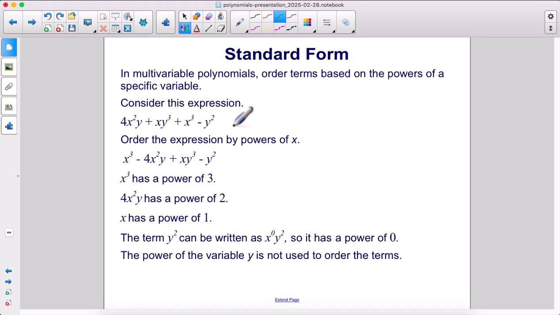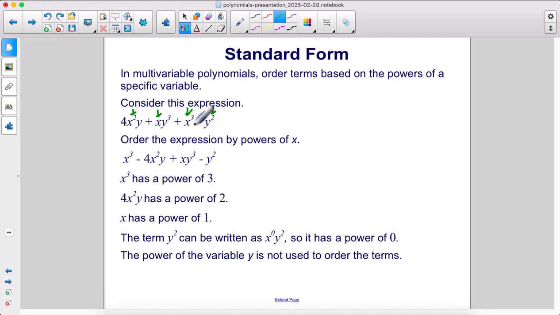Consider this expression. Let's order the expression by powers of x. So here's x to the second, x to the first, x to the third, and x to the 0, right? You can think of it as x to the 0 because it doesn't even have an x there. Then we're going to order the terms by the powers of x.